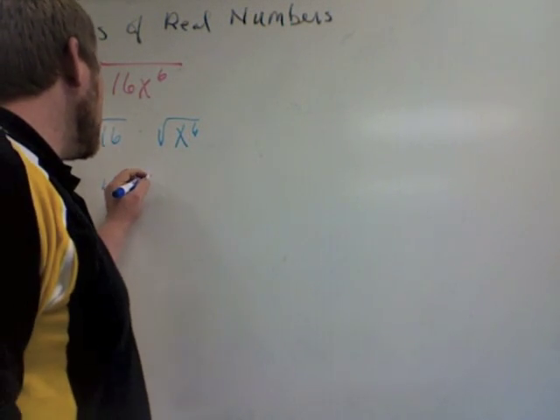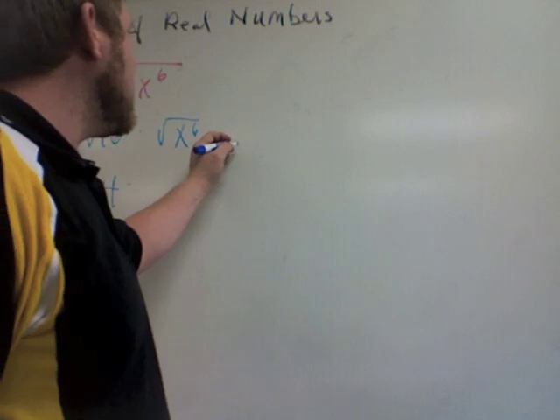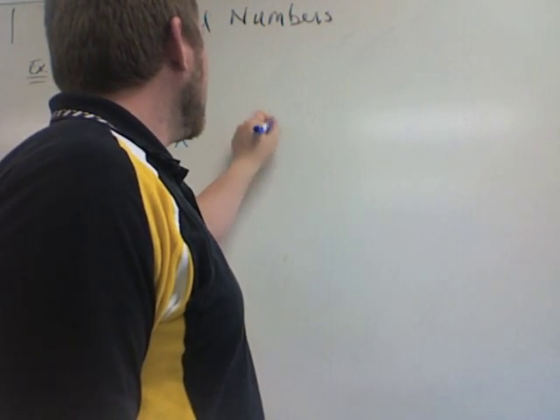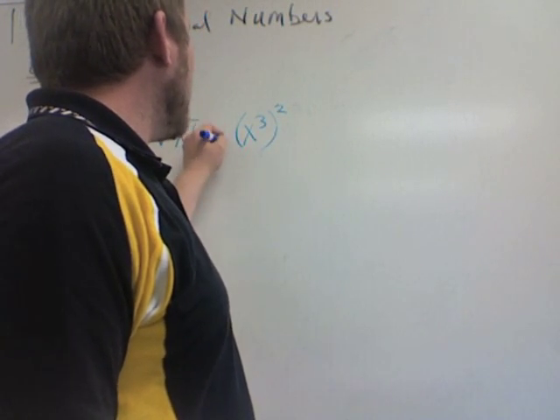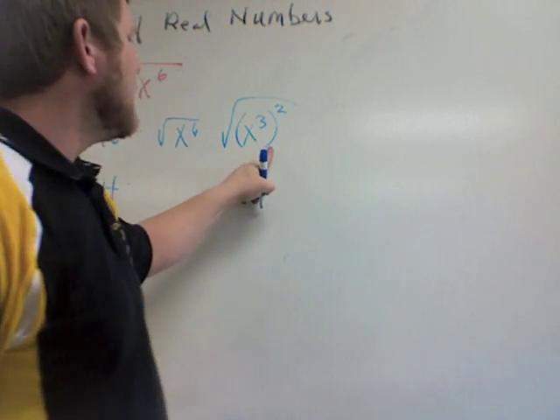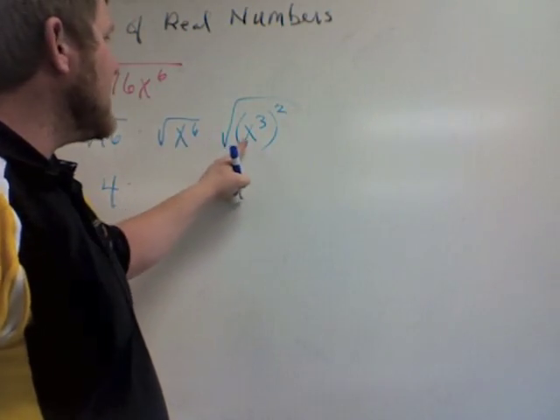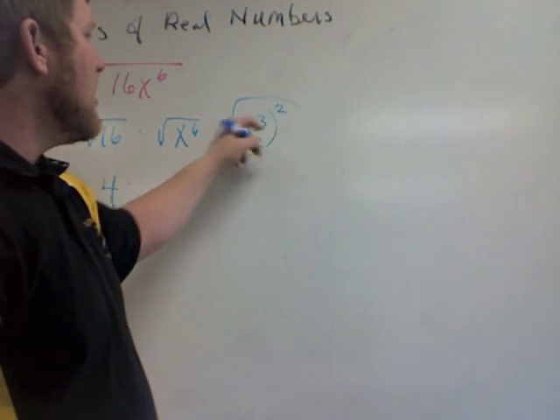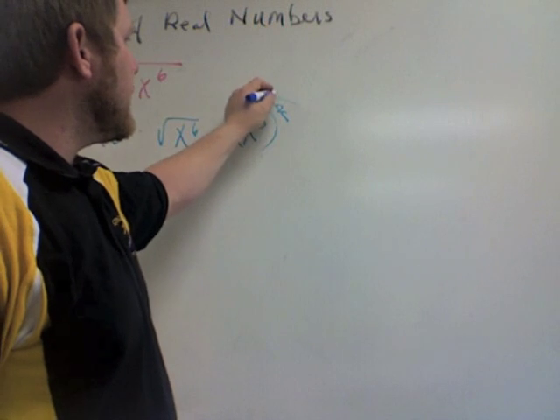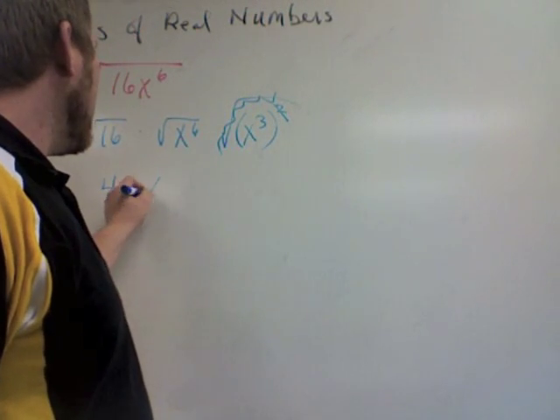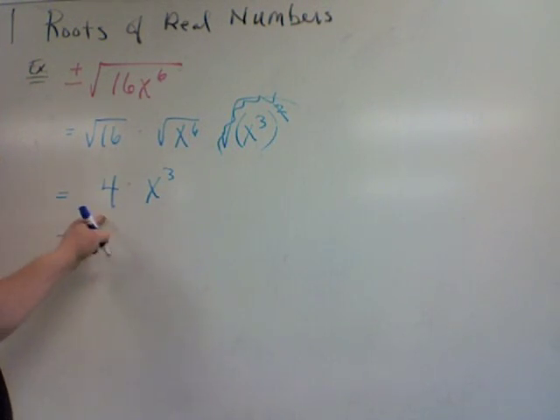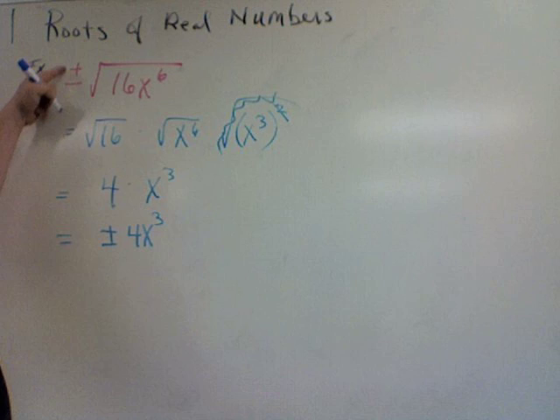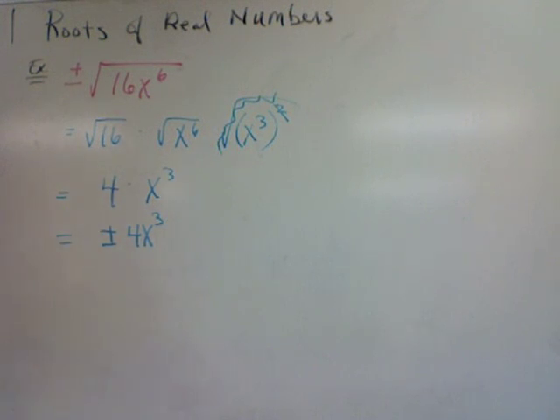X cubed, and the reason is that x cubed squared is x to the 6th. When I square root this, I could rewrite it as x cubed squared. The square root and the squared cancel each other out, and you're left with x cubed. Now, my final answer is not just this, it's this, because the plus and minus tags along with it all the way down.